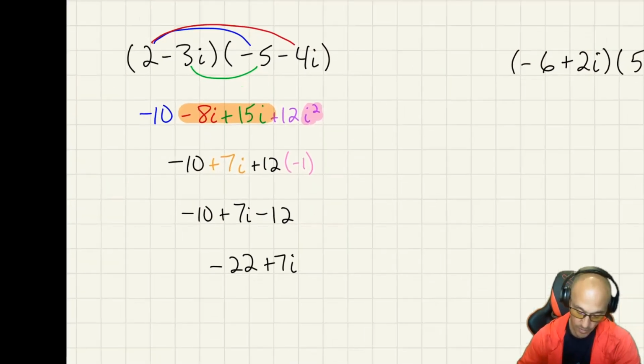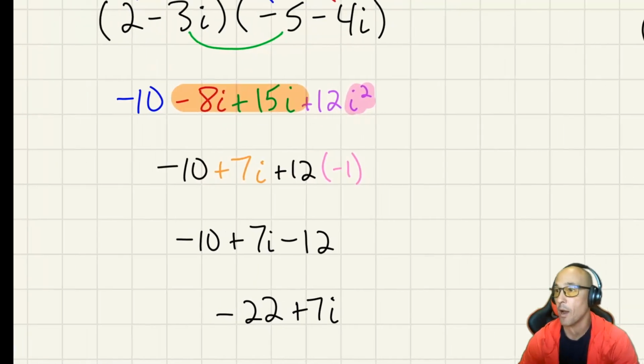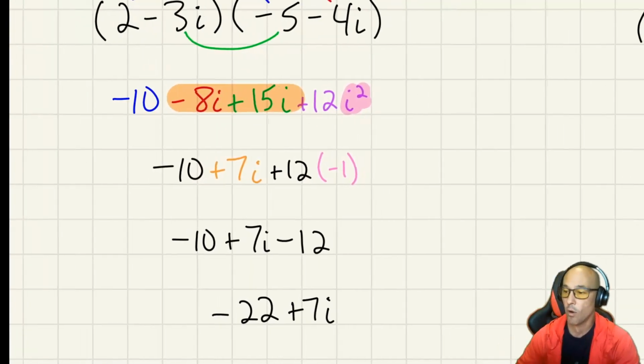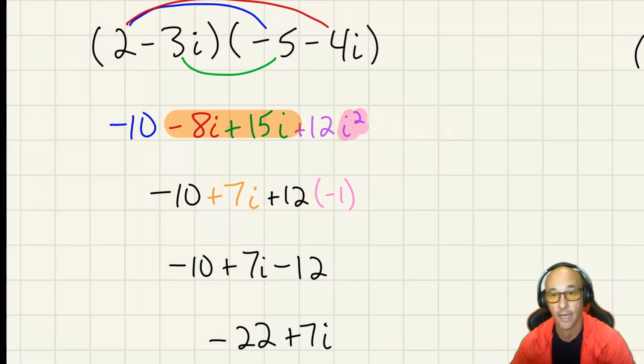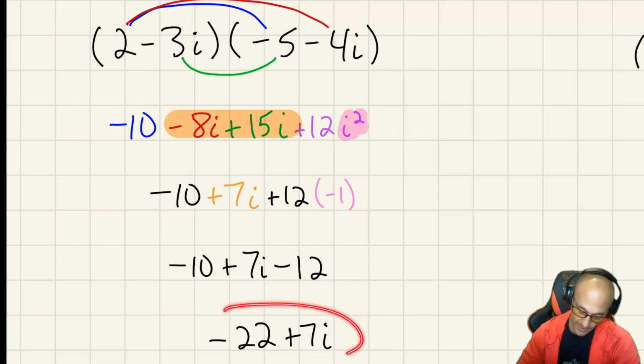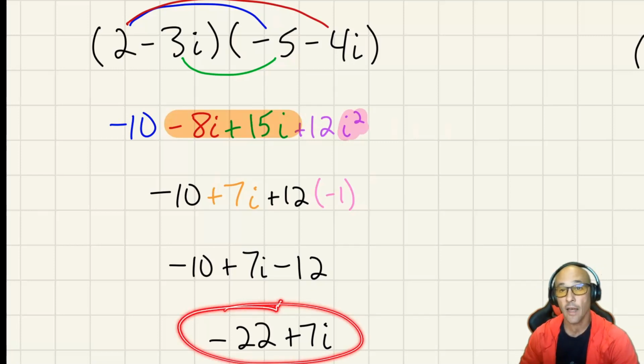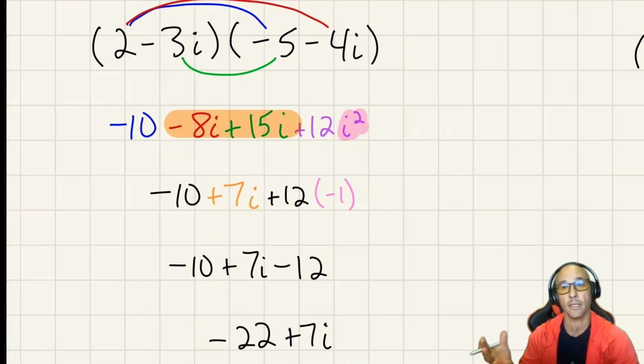Now, any questions on that problem before I talk a little bit more about this i squared and why it's negative 1? Any questions first? When it is in this form, there's nothing else that we can do because it is just a complex number.